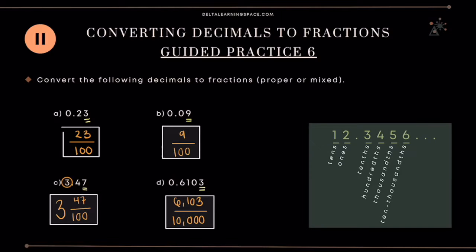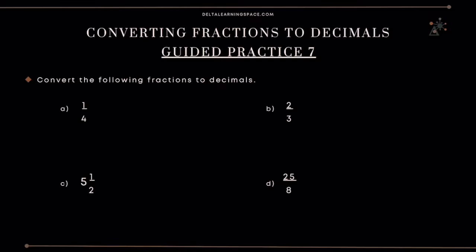How did we do? And just like with our fraction conversions, we want to be comfortable doing the conversion both ways. And so if we can convert decimals to fractions, we must also be comfortable converting fractions to decimals. And so in order to convert fractions to decimals, we must divide. Remember that this line here represents division.